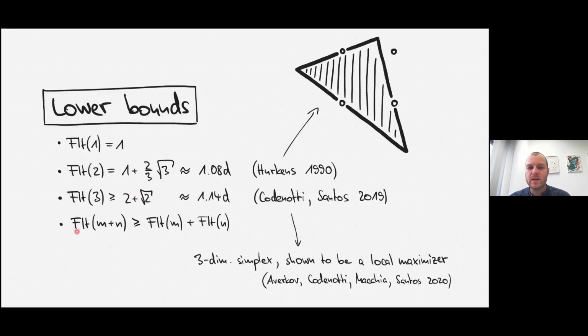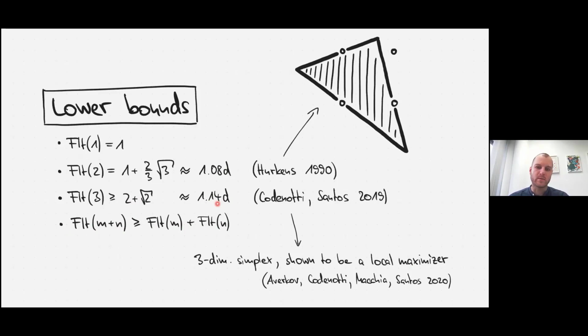And finally, I should say that there are some arguments which involve a direct sum, telling you that the flatness constant is superadditive in the dimension. Essentially what this means is that you can lift these constructions to arbitrarily high dimensions. So in some sense, this 1.14 times the dimension is state of the art. We don't know anything else. We didn't know anything else yet.